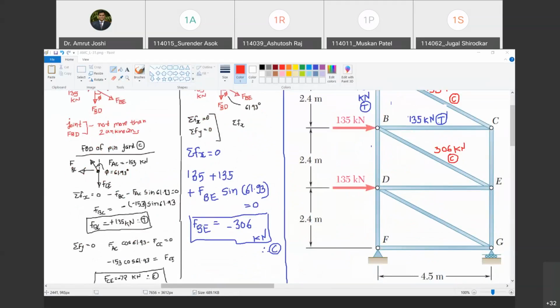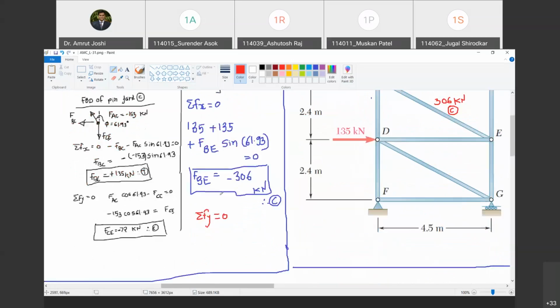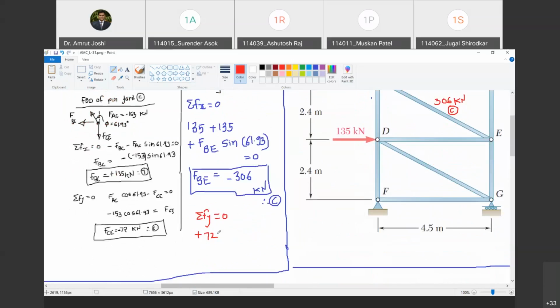Now let us apply summation Fy equal to 0. What do I get for this free body diagram? FAB is upward, therefore plus, so I am going to write plus 72. Then FBD is downward, therefore I am going to write minus FBD.